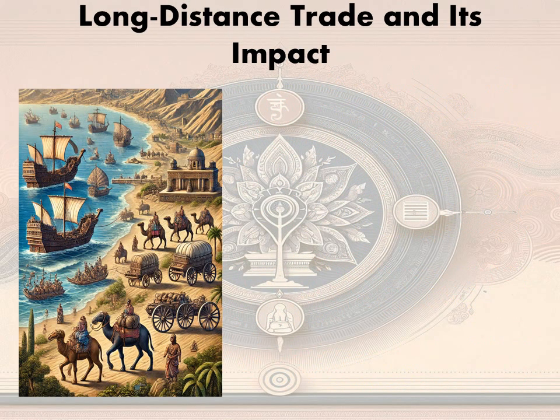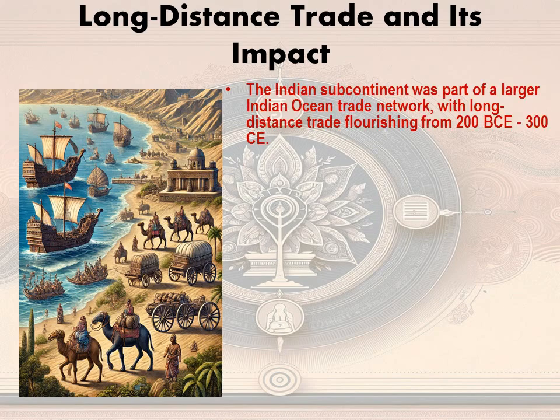Now, long distance trade and its impact. How was the long distance trade? Until now, we have discussed the inland trading activities, trade within the Indian subcontinent. Now, we will go to the long distance trade and its impact. The Indian subcontinent was a part of a larger Indian Ocean trade network, with long distance trade flourishing from 200 BC to 300 CE.